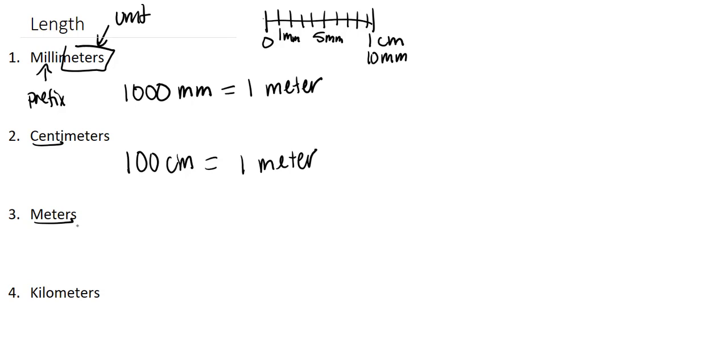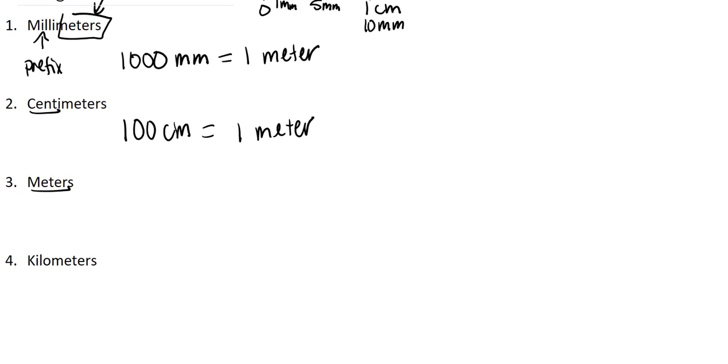The meter is our base unit, right? And then 1 meter is just a meter. And then we can look at kilometers. Once we get past our base unit, now we're getting to the larger units. So we have kilometers. We have 1,000 meters, which is equal to 1 kilometer.